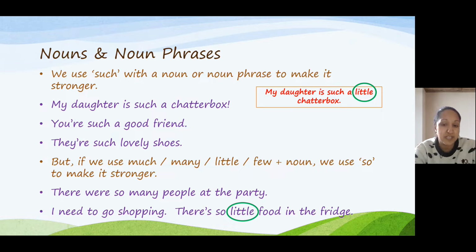But in this sentence, there's so little food in the fridge. Little is talking about how much. It's a quantifier. When we have little as a quantifier, we use so with it. If we're using it as an adjective, then we use such before it.